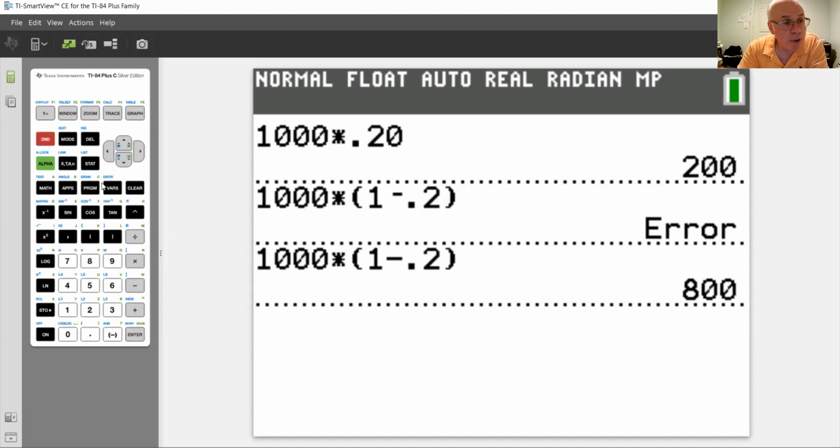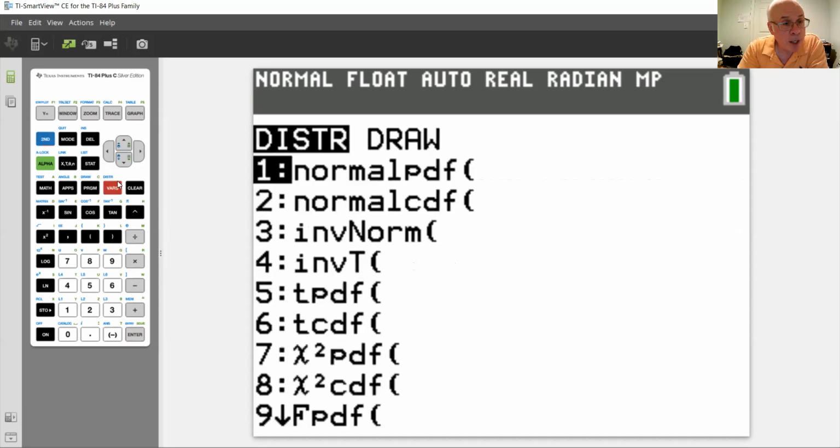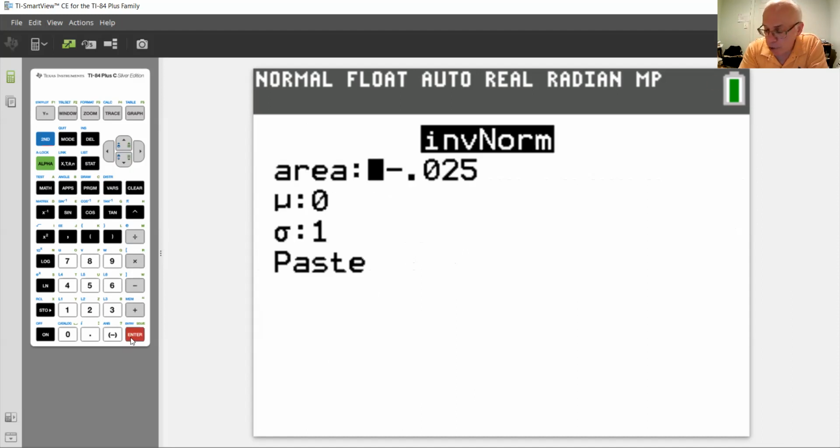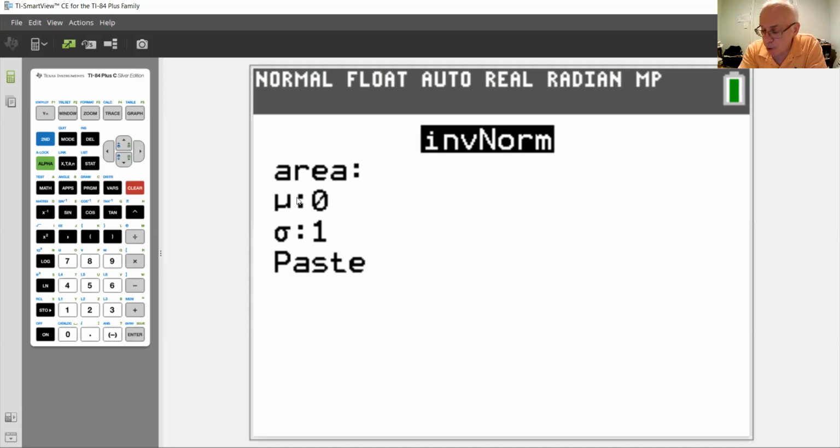So once again, we're going to use inverse normal. Now, here is where you have to make a little drawing. It might be helpful to make the drawing. I'm going to clear out the area here. We have to figure out what area I'm going to use. Well, if the middle area is 99%, then what's remaining is 1%.